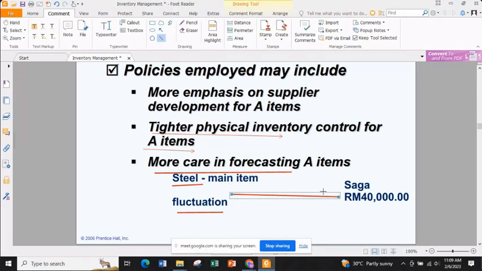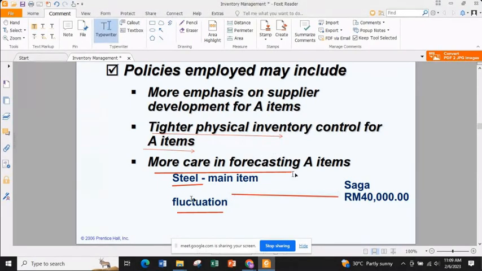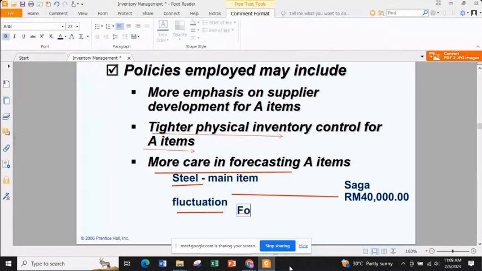You need to think, to control this inventory, to forecast, to understand this. Another factor, don't forget, forex, foreign exchange.